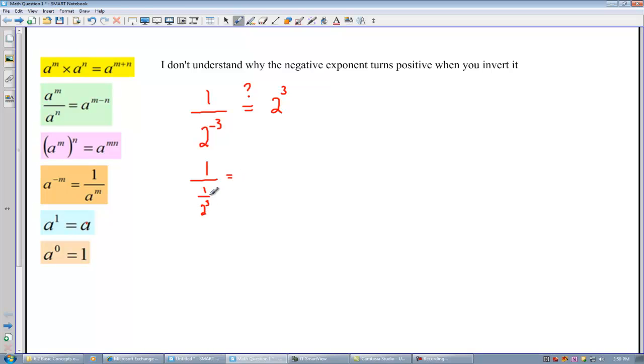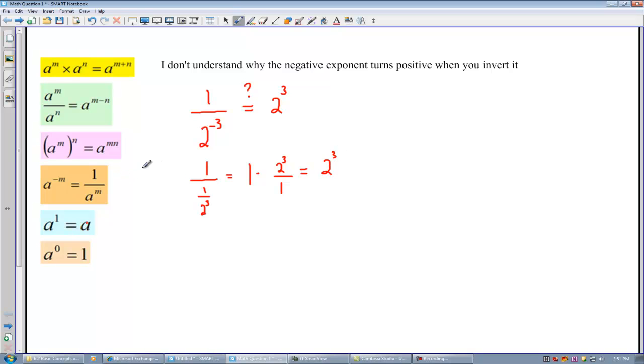And then we're taught if you divide by a fraction, to simplify it, you multiply by the reciprocal. So this would be equal to 1 times 2 cubed divided by 1. And then you notice you can just drop the ones. 1 times anything is anything, and anything divided by 1 is anything. So you get back 2 cubed.